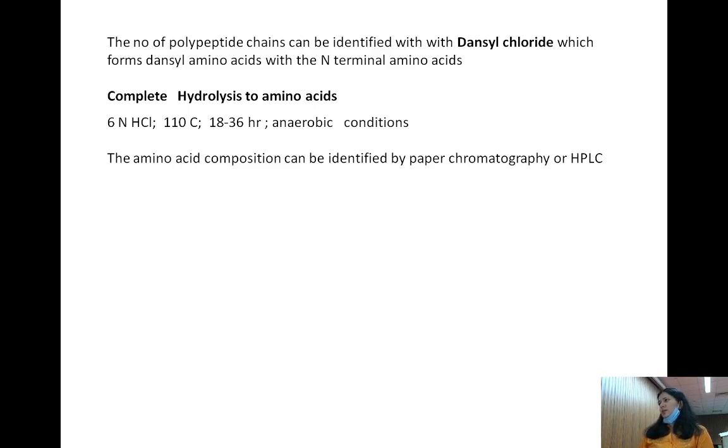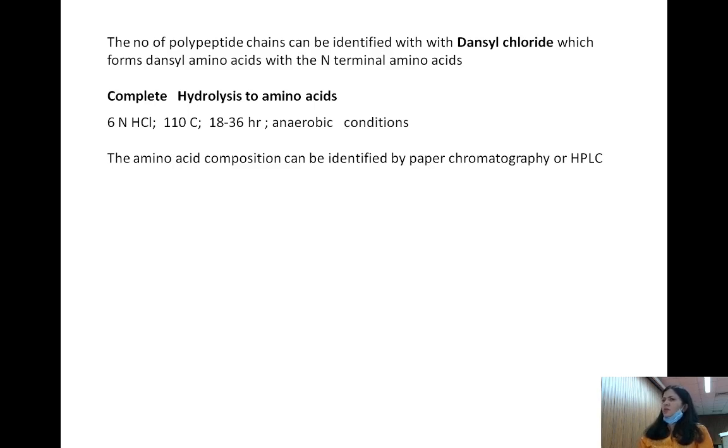Now in the next step, the third step, you want to know what amino acids are present in these polypeptide chains. So you will hydrolyze all these polypeptide chains with 6 normal hydrochloric acid. Then heat it at 110 degrees Celsius for about 18 to 36 hours in anaerobic condition, and all the peptide bonds will be hydrolyzed to form different amino acids.